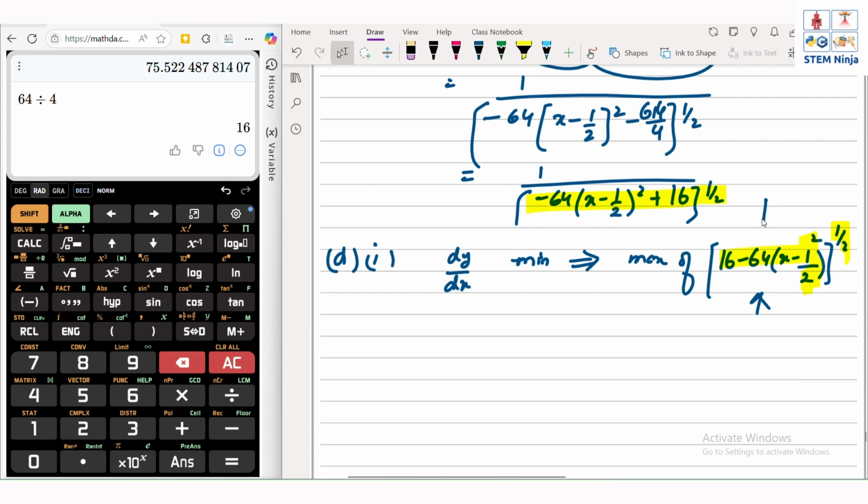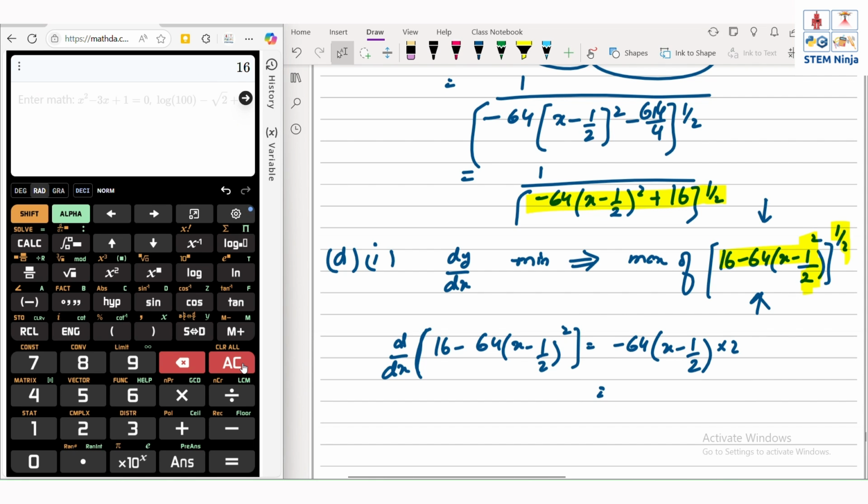So wherever the maximum is of this function, d by dx of 16 minus 64 x minus half whole squared is going to be minus 64 x minus half, the power comes down times 2, and then multiply by the derivative of x minus half, which is 1, so that we don't need that.